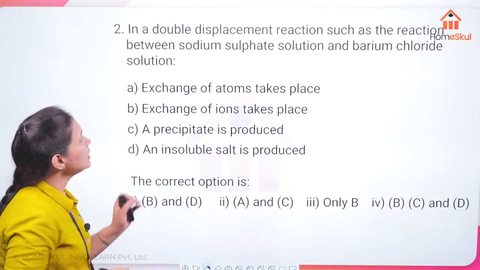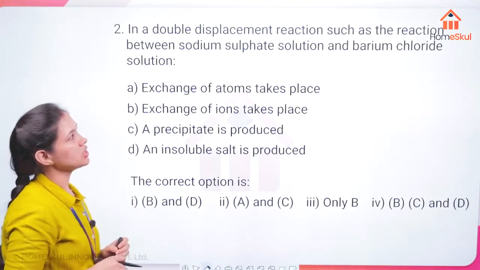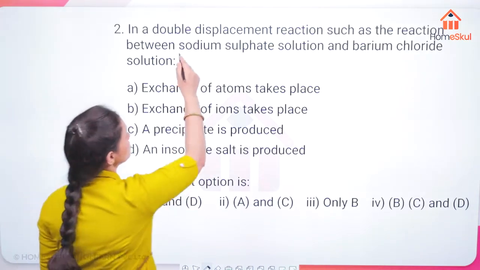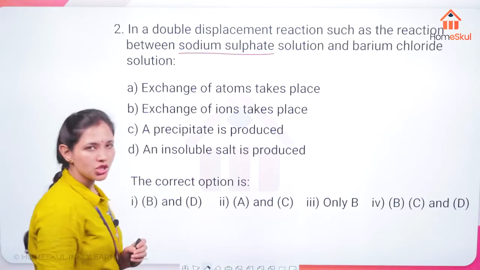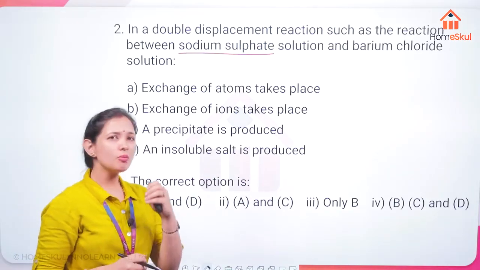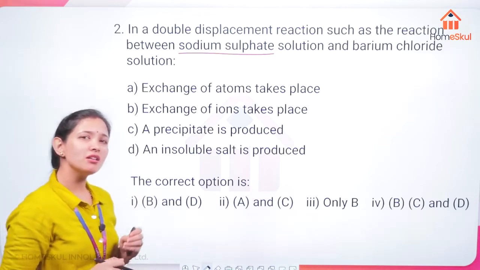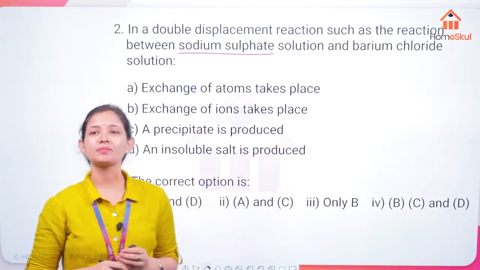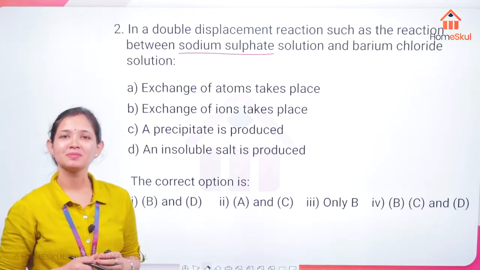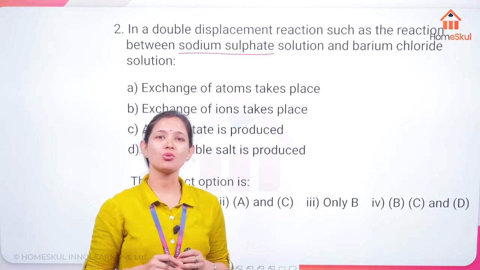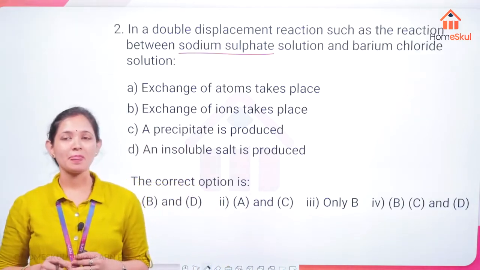Just see, in a double displacement reaction, such as the reaction between sodium sulfate solution and barium chloride solution, will you please tell me what is the chemical formula for sodium sulfate? You can write it, sodium sulfate formula.